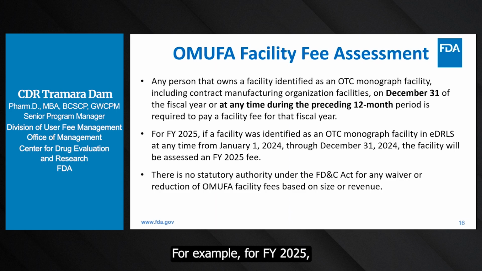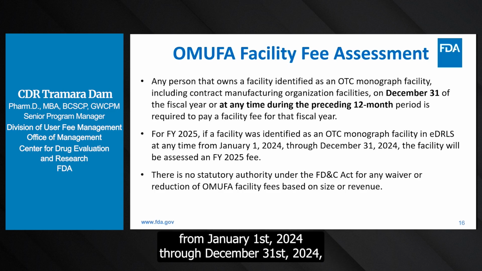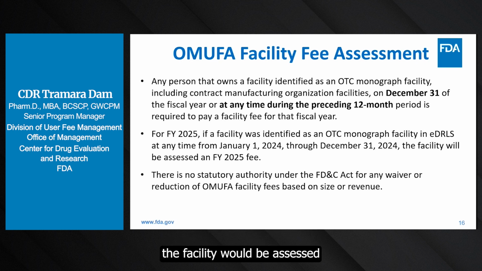For example, for FY 2025, if a facility was identified as an MDF or CMO in the EDRLS at any time during calendar year 2024, from January 1st, 2024 through December 31st, 2024, the facility would be assessed an FY 2025 fee.